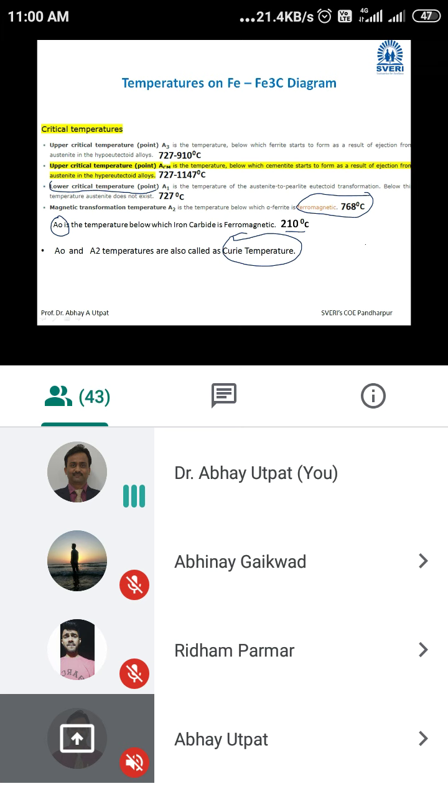So this temperature is called the Curie temperature. There may be an MCQ or an oral question. I will define it: the temperature above which a ferromagnetic substance is converted into a paramagnetic substance is called the Curie temperature. So the speciality of A0 and A2 on the iron carbide diagram is that they are Curie temperatures. Okay.